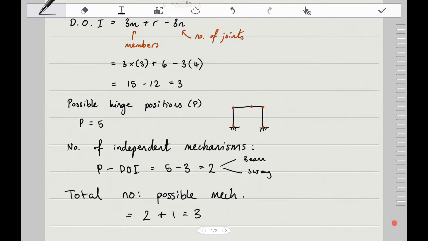Why plus 1? Because you can have a combination of a beam and a sway mechanism at the same time, and that's a completely different mechanism on its own, different to just a beam mechanism or a sway mechanism. That is a beam plus sway.